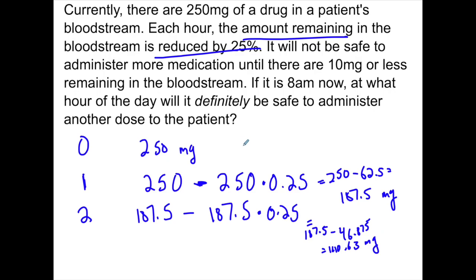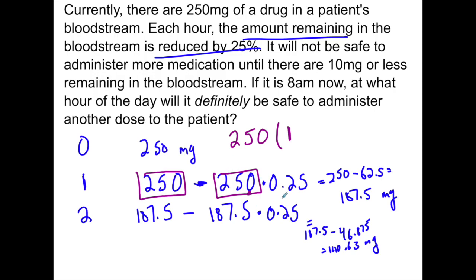So to do that, let's take a look at what we got here. We're going to use the distributive property in the same way. Because notice at this point, if I use the distributive property in reverse, if I factor out the common factor, I have 250. Then what times 250 is 250? Well, it's 1.